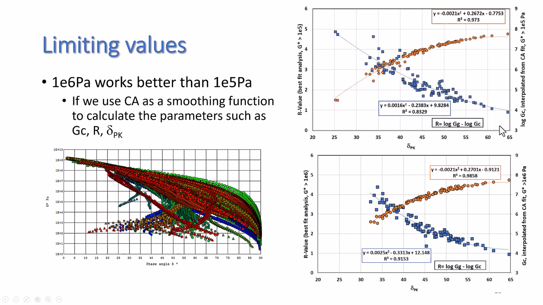If you look at the R value, we've gone from 0.83 to 0.91. So that's looking at the intercorrelation between Pavel-Chris's phase angle and those two numbers. So based on this, I'm considering that it's better to use a cutoff at 1e to the 6 rather than 1e to the 5. It deals with the polymer modified binders in a better way.